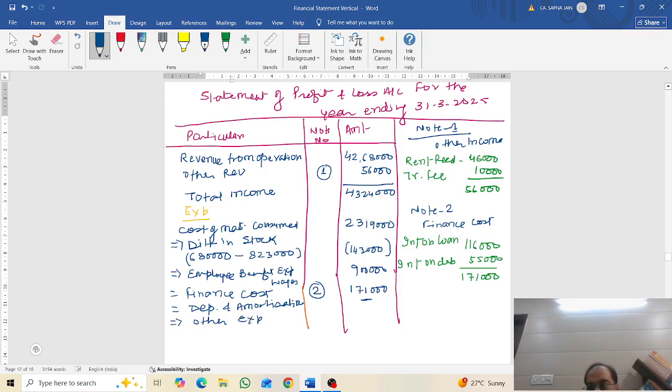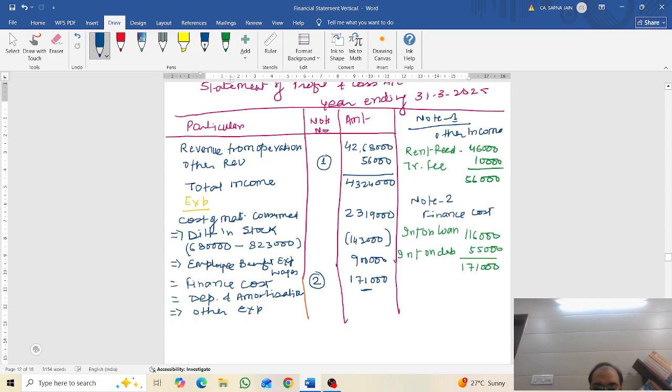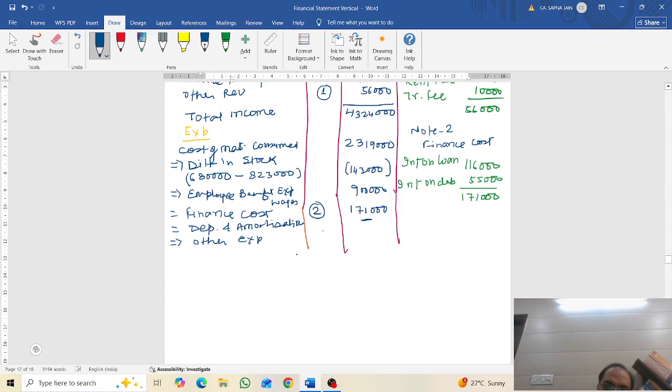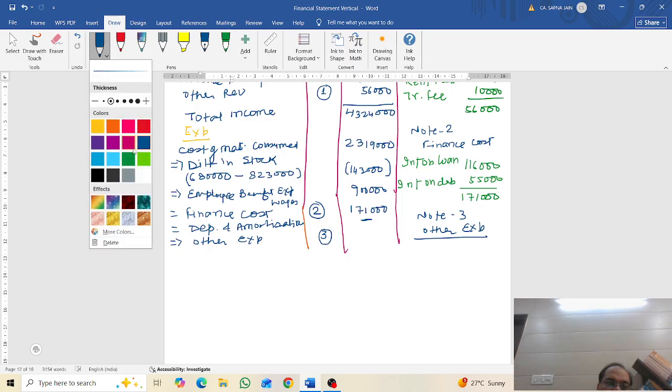So now prepare note number 3 for other expenses. So many types of expenses are given, and the inclusion of all the expenses is classified under other expenses.